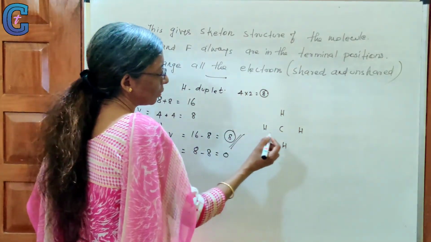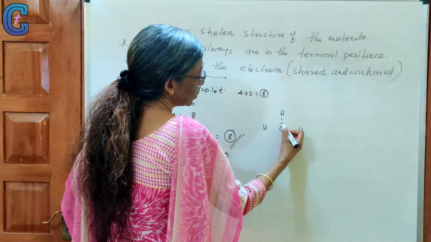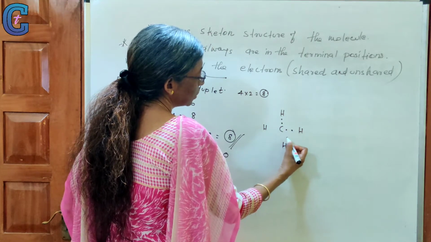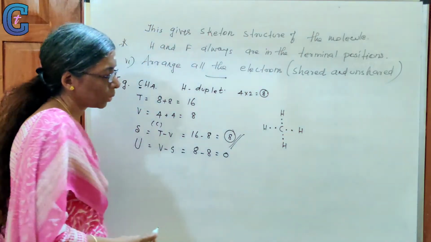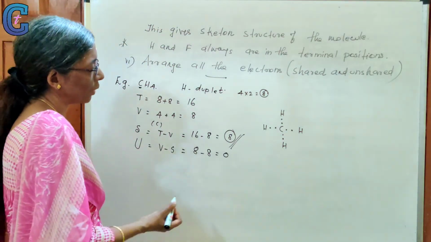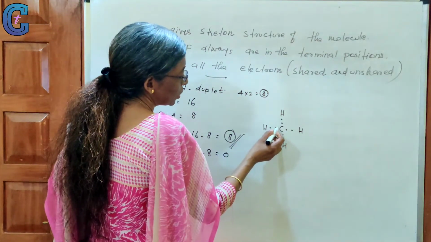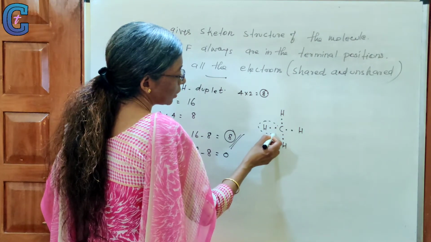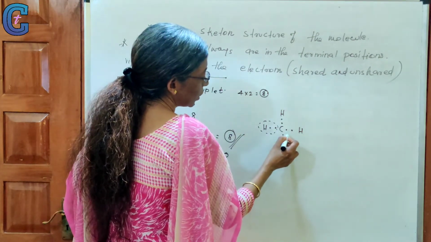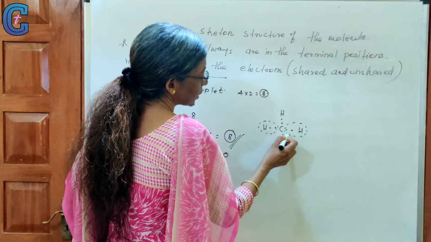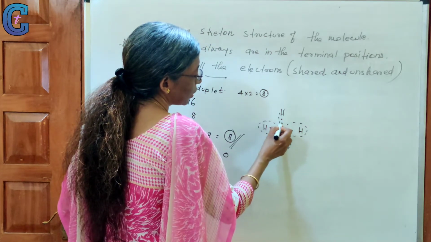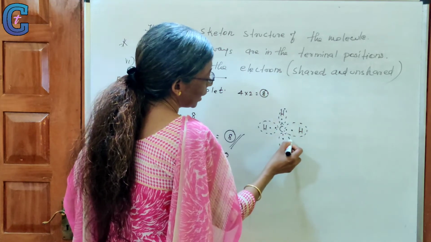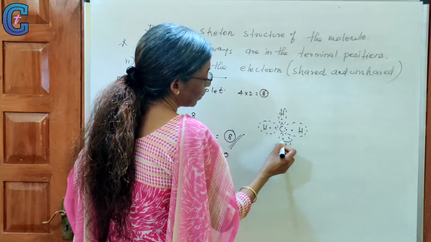These 8 electrons we can represent as pairs. Each hydrogen gets 2, a duplet configuration, and in the case of carbon you get 8.